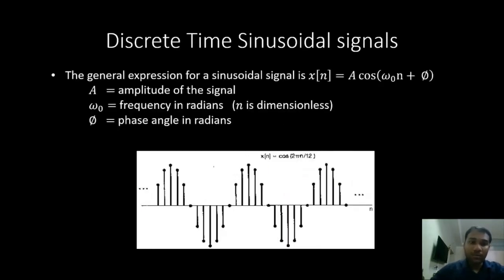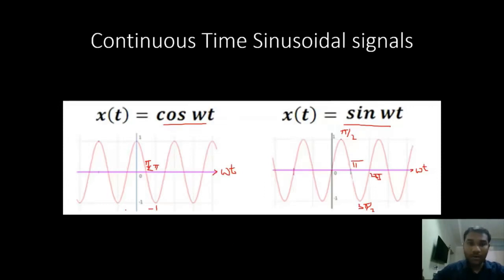Now the period of cos and sine: it starts at 0 with amplitude 1, and again at 2 pi we get amplitude 1. So this portion of the signal keeps repeating again and again.